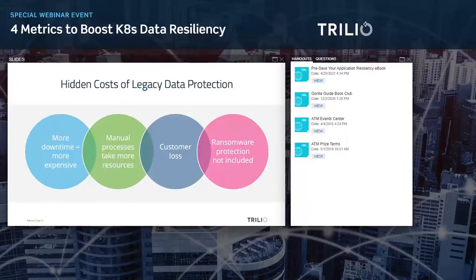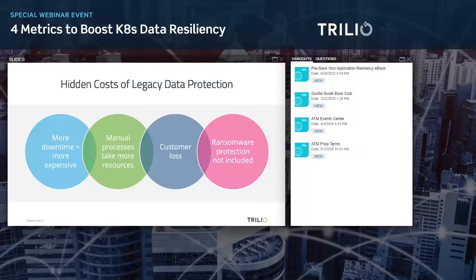Some of the hidden costs of legacy data protection: more downtime means more expense, as we just saw from that $5,600 per minute. Those manual processes take up more individuals, more time, and more resources, and it adds in more room for error, more room for human error if you have these manual processes or manual stitching of snapshots themselves.